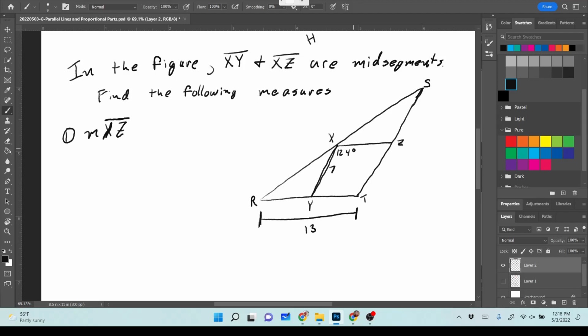It is 1/2 of RT, and we know that because of the midsegment theorem. So we can set up the measure of XZ equals 1/2 the measure of RT. We know RT is 13. So what we're interested in is half of 13. So it's 6.5.